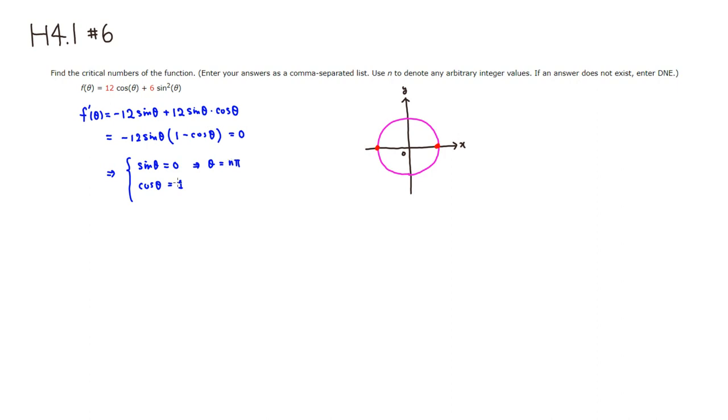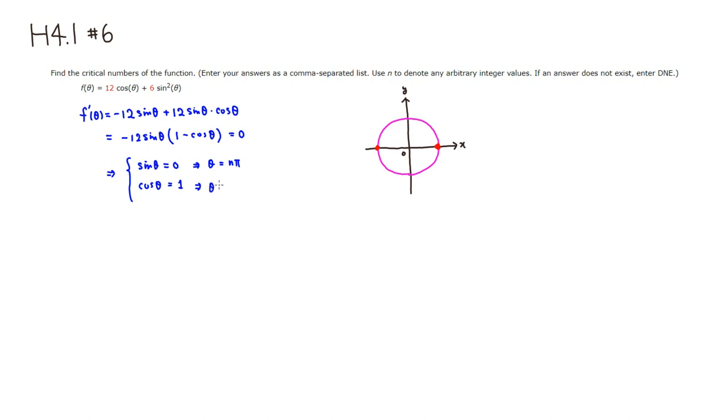And the cosine of theta is equal to 1. Cosine represents the x-coordinate. So cosine is 1, so it's actually this point, which is going to be any multiple of 2 pi. Because it's either 0, 2 pi, 4 pi, or negative 2 pi.